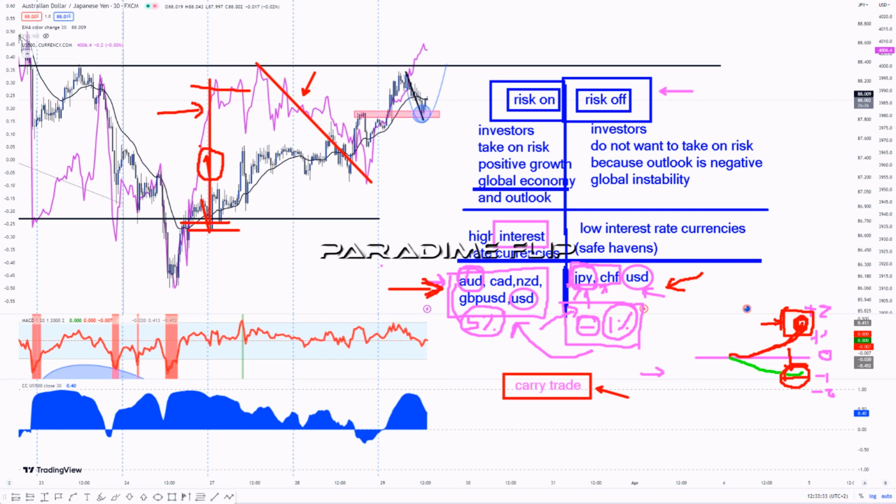But what you need to understand is that when you see the S&P 500 going higher, faster than the Australian dollar JPY, that's a leading indication that you can expect buying to occur in the Australian dollar JPY. Not all the time, but very often. This is an extra confluence for your trade ideas.